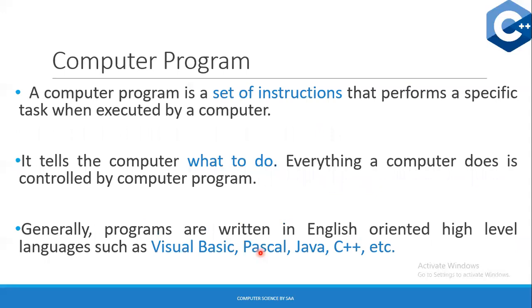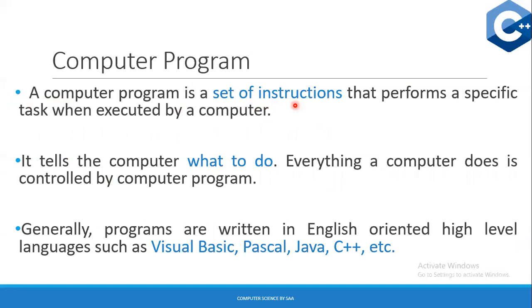Here we are using the word computer program or just a program. So what is a computer program? A computer program is basically the set of instructions that tells the computer what to do and how to do it.